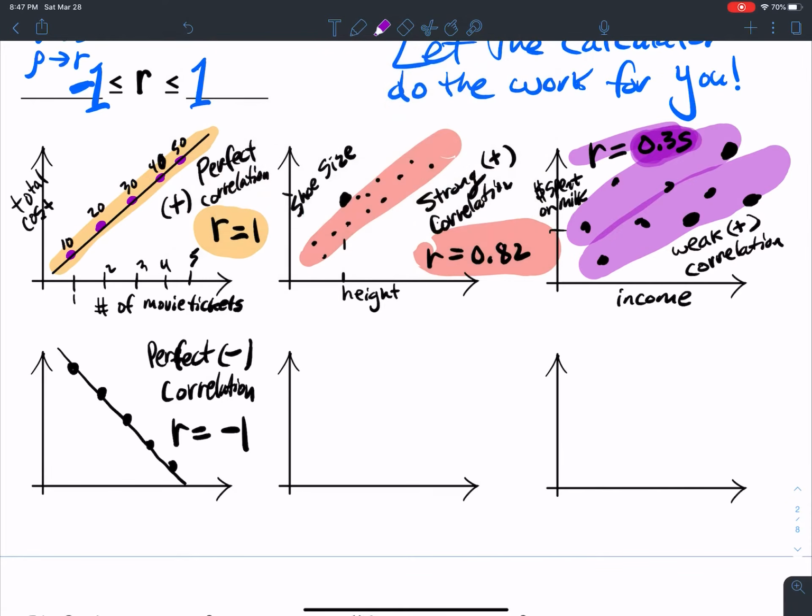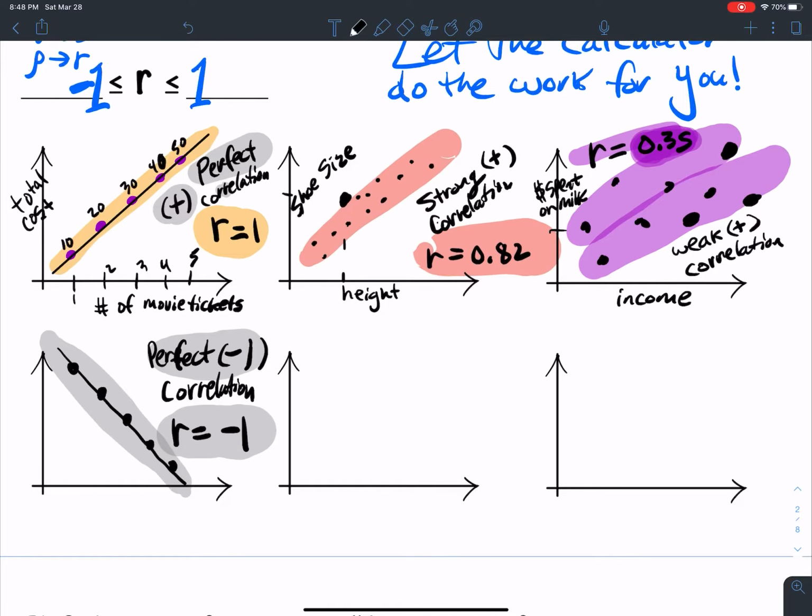So once again, the closer our R becomes to 1, the stronger the correlation is. If R is equal to 1 or -1, then guess what? That's a perfect correlation. This rarely happens, but it is possible, okay?